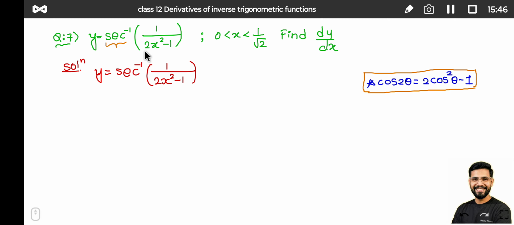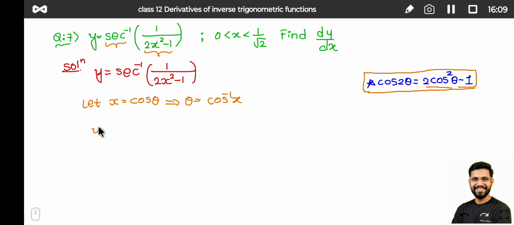So inside the bracket we have 2x square minus 1. The similar formula we have for cos 2 theta, which is 2 cos square theta minus 1. So let's put here x is equal to cos theta. So from here we can say theta is nothing but cos inverse of x.